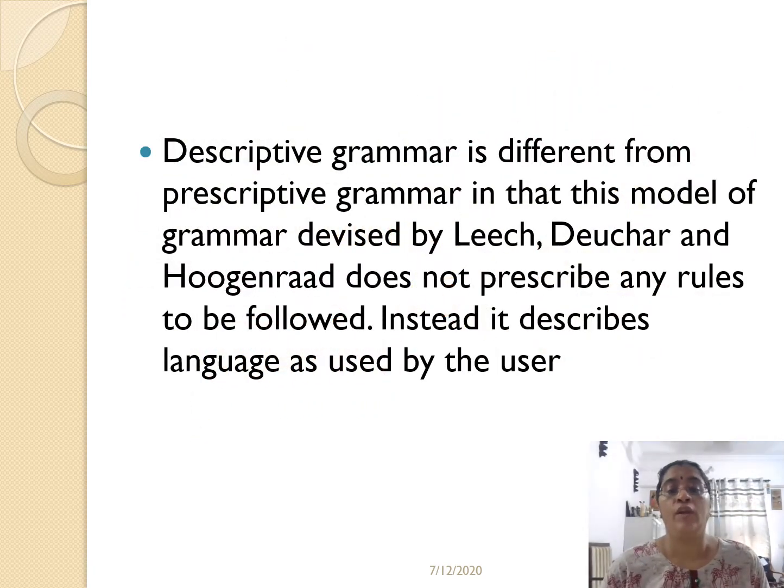Thus, Leach, Deutscher, and Hugenrath show how verbs, for instance, not only refer to action words, but also refer to states of mind. For example, I could say Sheba seems tired. Sheba seems hungry. Now, "seems" here is also not an action word, but it's definitely a verb.